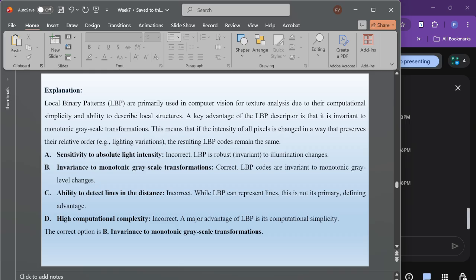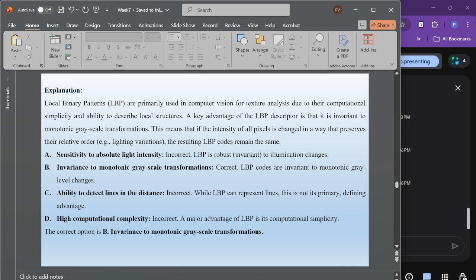Local binary pattern, also called LBP, is primarily used in computer vision for texture analysis due to its computational simplicity and ability to describe local structure. So the key advantage of the LBP descriptor is that it is invariant to monotonic grayscale transformation.